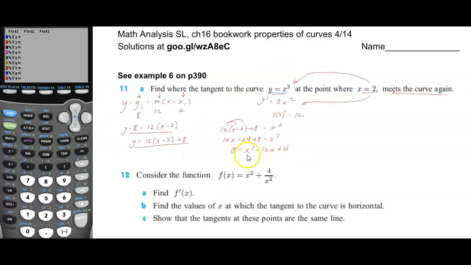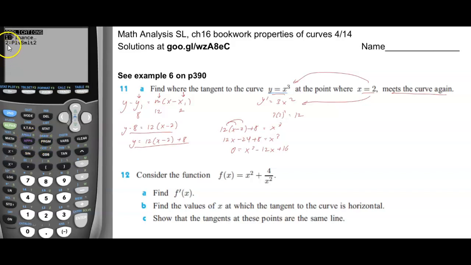One of the ways you can find out the solution to this equation is you could use poly-SMLT, which is here at number 2. The way you use this is, first you just hit enter, then you choose poly root finder, and this is a cubic, so it's a third order, so we choose 3.